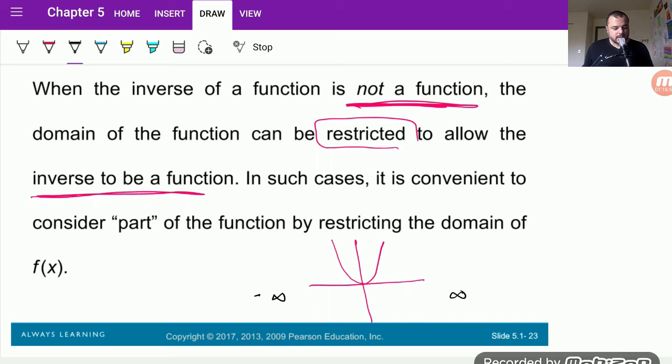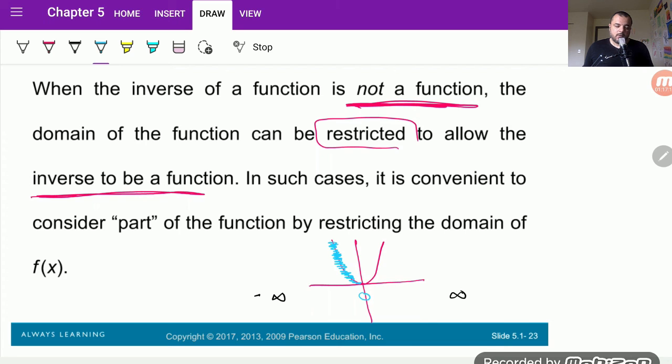Right now I cannot. So what we need to do is maybe to erase part of the function, to restrict the domain. Maybe instead of having the domain from negative infinity to infinity, we can start having the domain from 0 to infinity. So having the right hand side of this function.